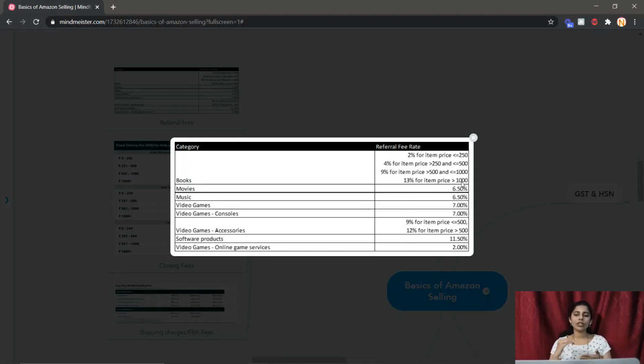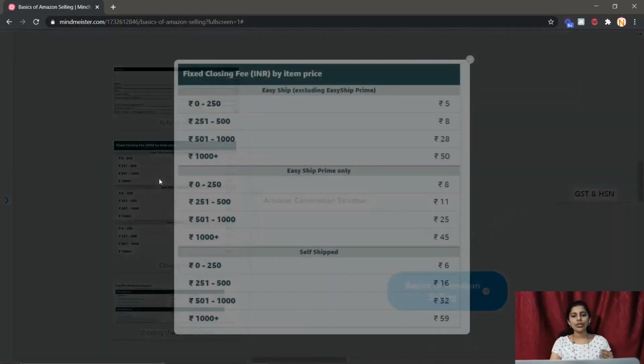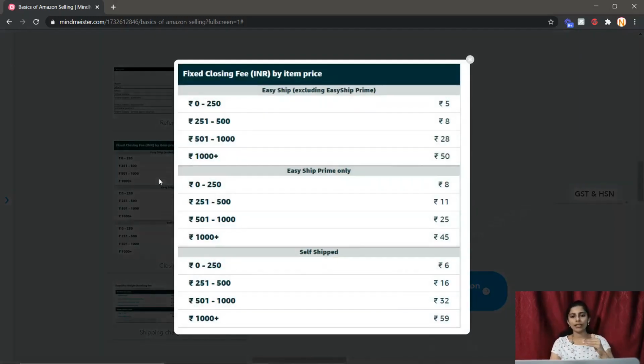It is based on categories. In some categories, you will have the price slab. And this image or this structure will actually vary month on month. Amazon will intimate us saying that the commission structure is increased. Okay. So this is for idea purposes. There is a referral fee based on the category. There is one more fee which is based on the pricing, which is called fixed closing fees.